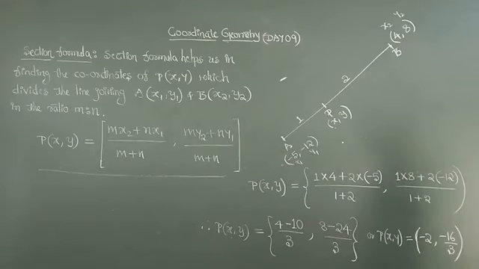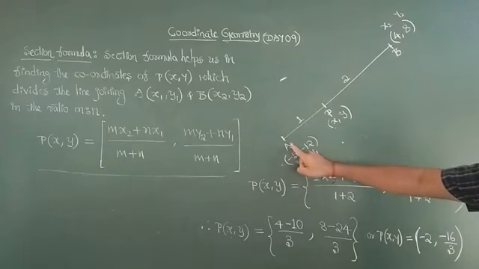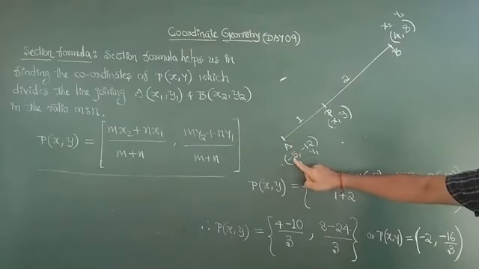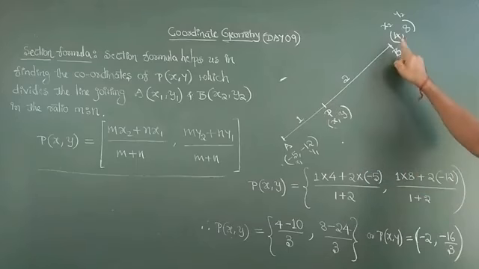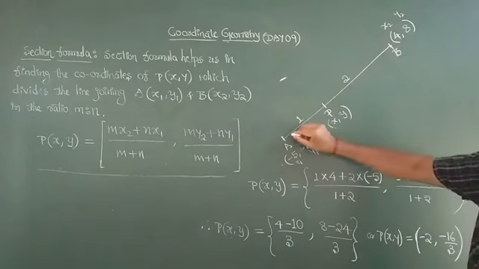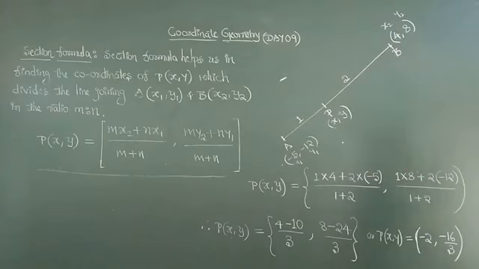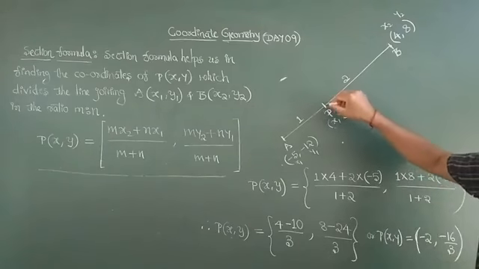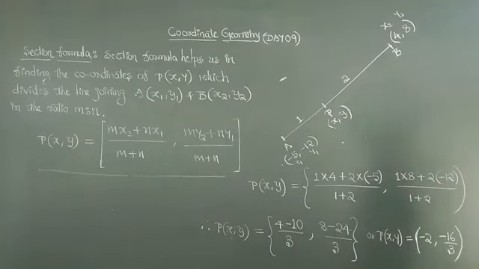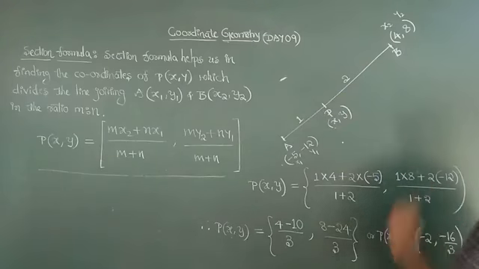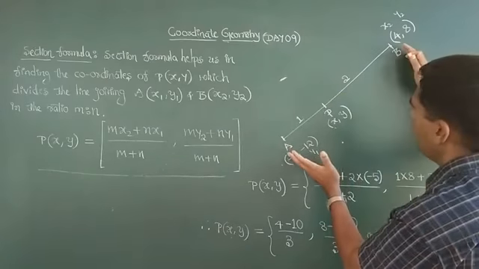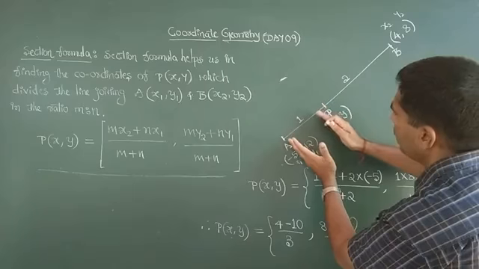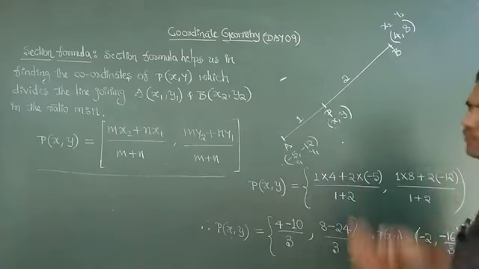Now let us imagine, let point A have the coordinates -5, -12 and point B 4, 8. There is a line segment joining these two. And we have located a point P on this line segment in such a way that this point P will divide the line segment AB in the ratio 1:2.